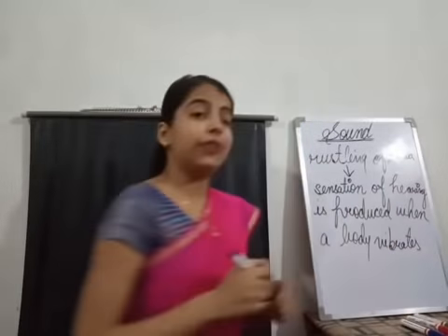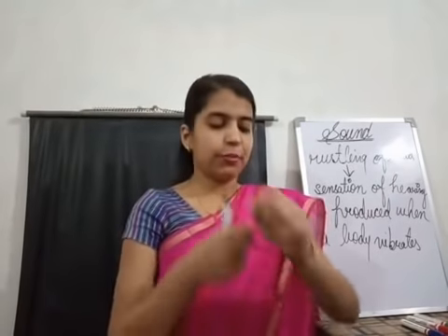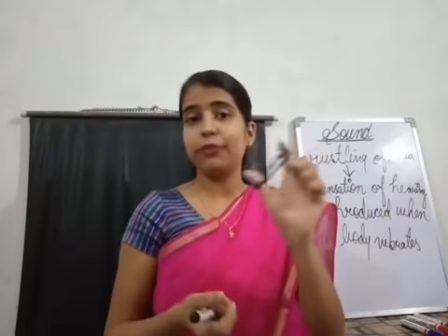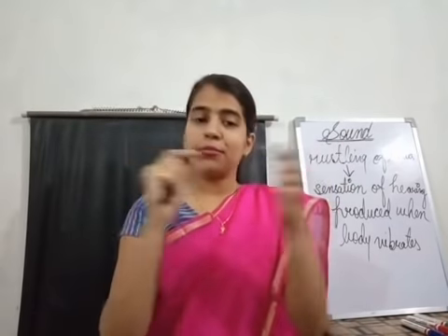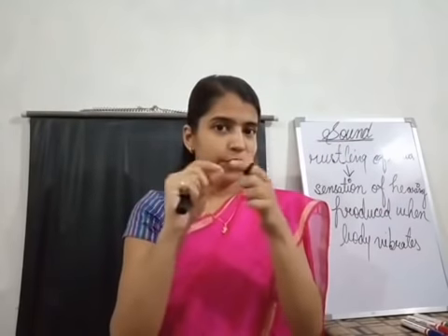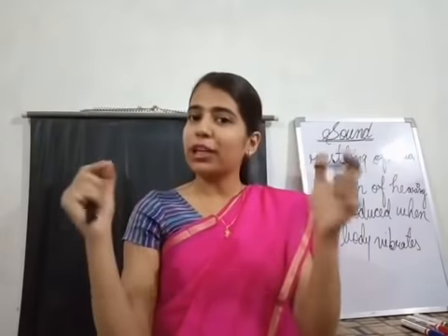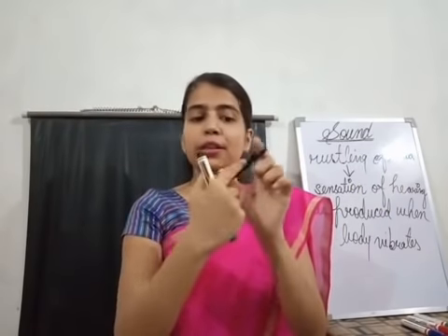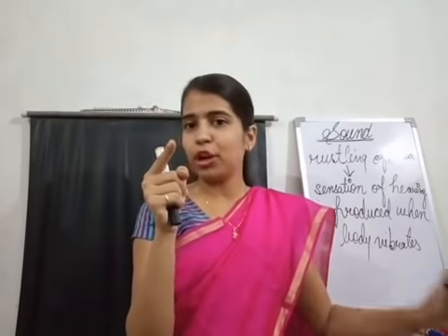What is the meaning of this? If you hold a rubber band in your hand, and you pluck it, what happens? The strings are set in vibration. Do you know the meaning of vibrations?